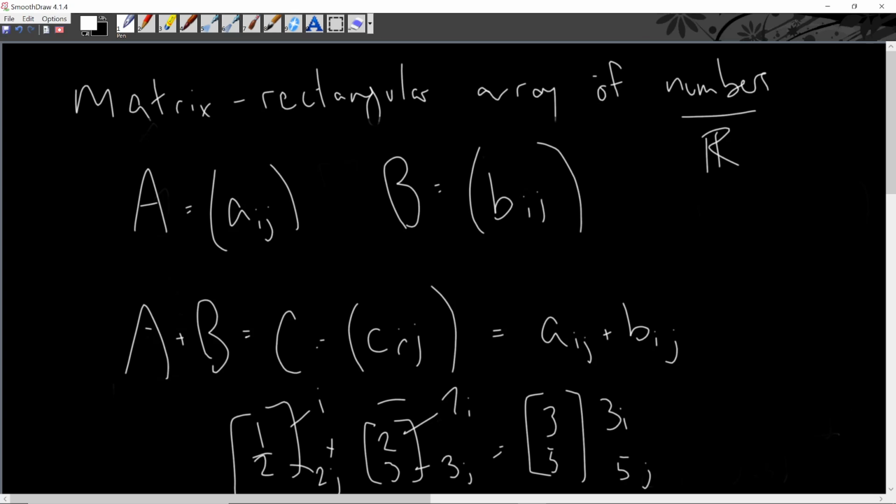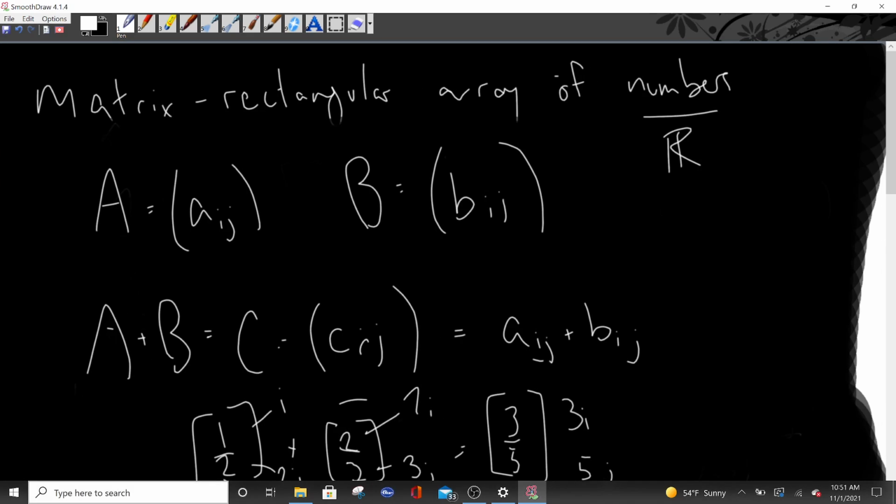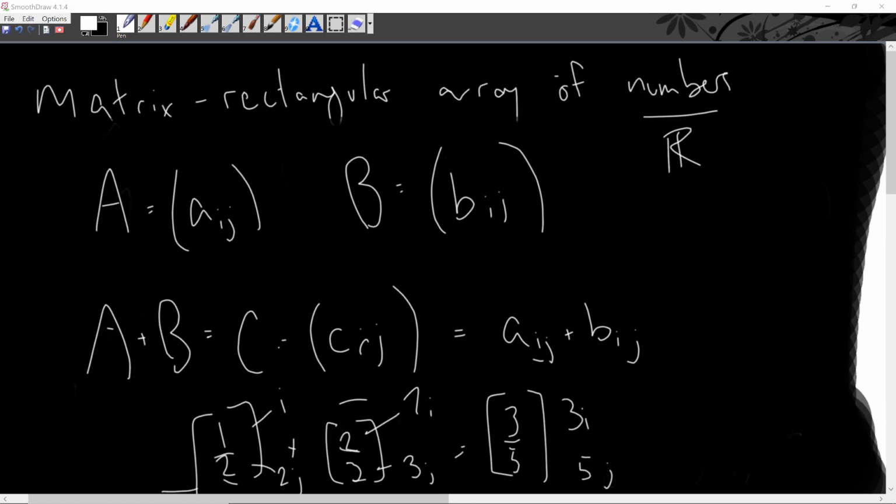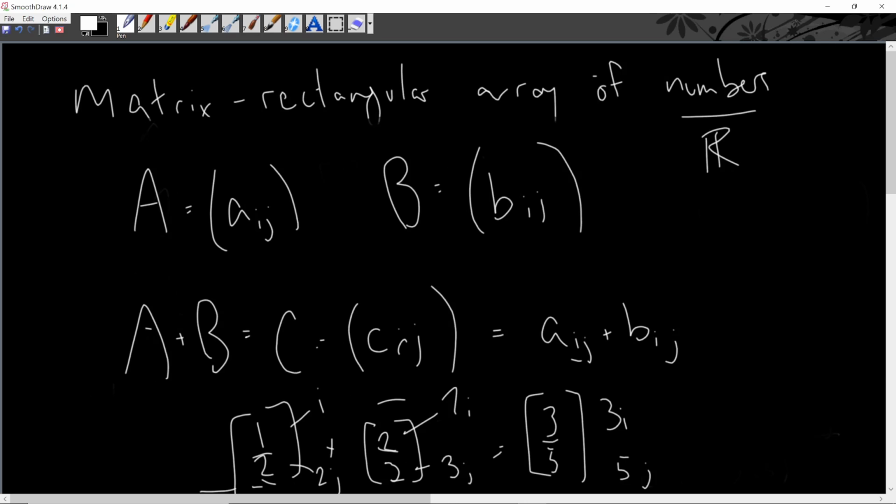We have A11 and A21, and we have B11 and B21. Or, I got that incorrect. We have A11 and B11 that we have to add together, and the A21 and the B21 that we have to add together.